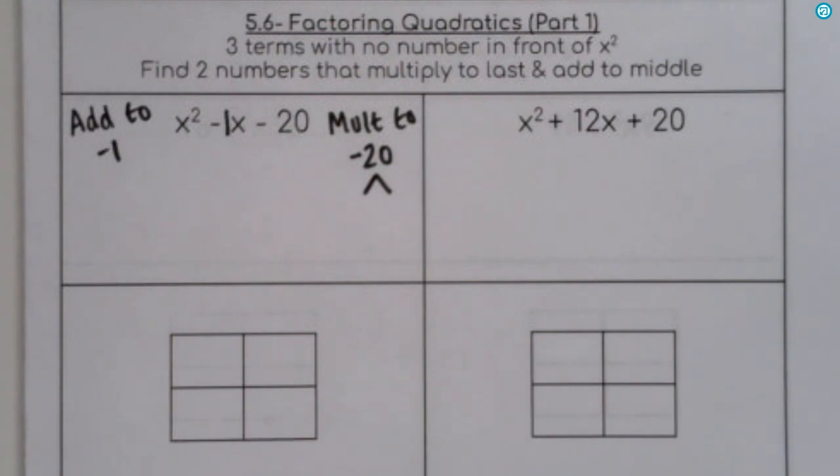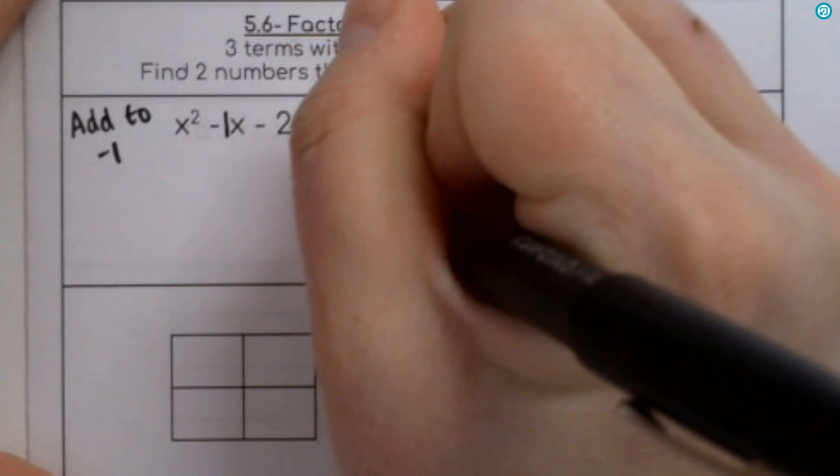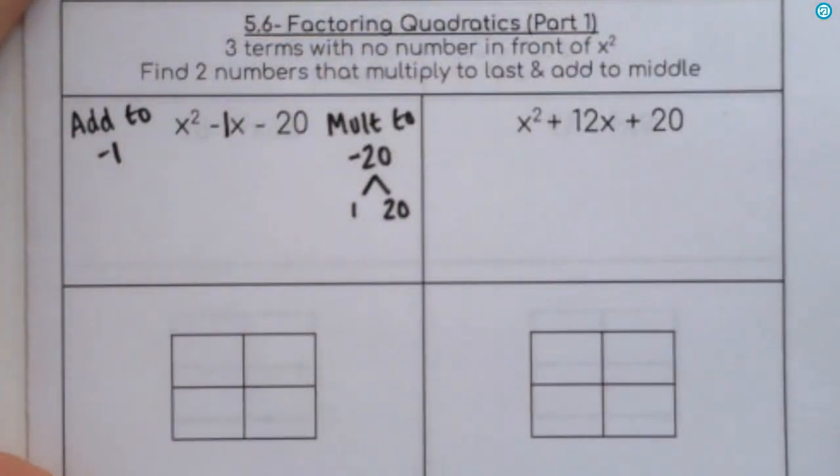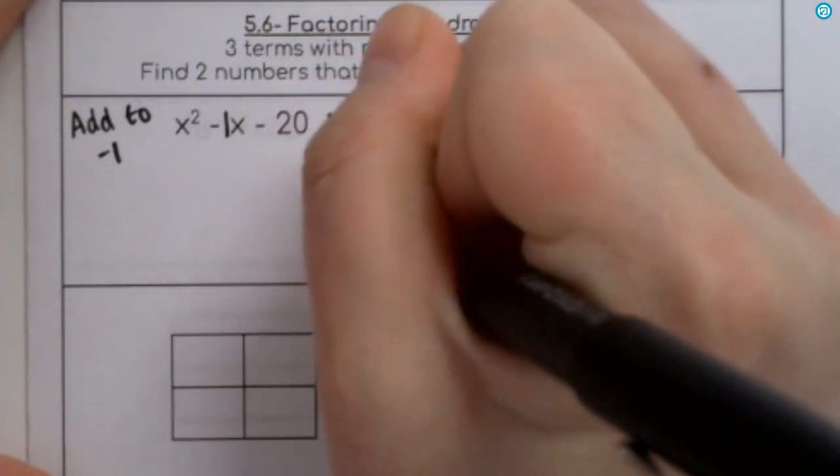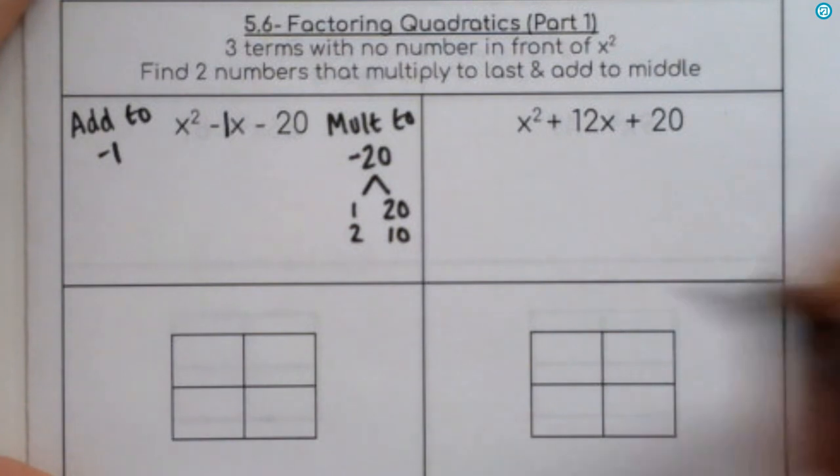Anytime we need to multiply to a negative number, we need to use one positive and one negative. So to start, we always just leave them all positive, then we'll pick which one we need to be negative. So my numbers that multiply to 20 are 1 and 20, 2 and 10, and 4 and 5.